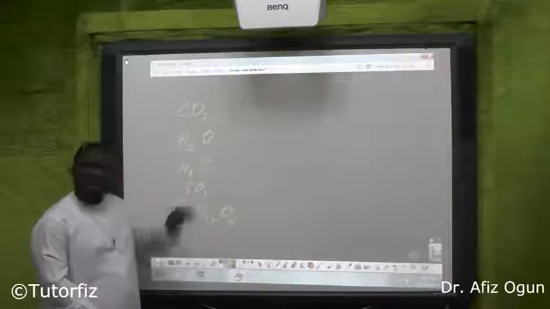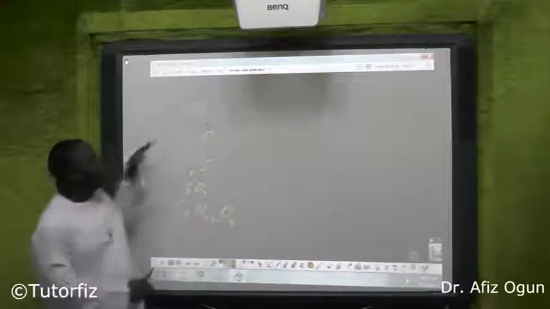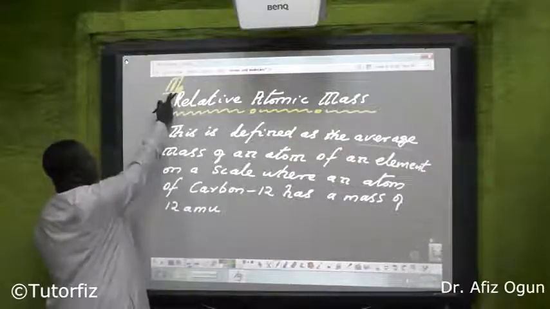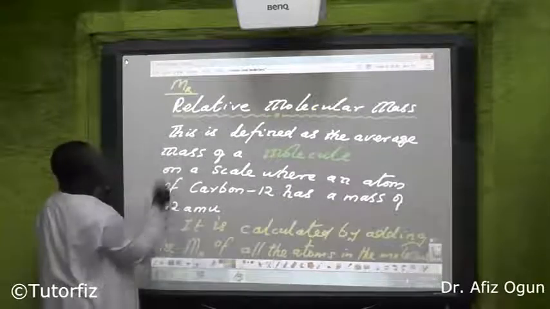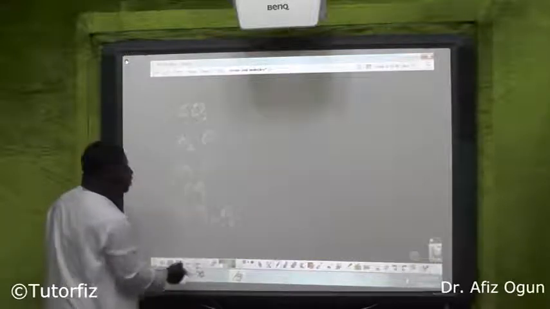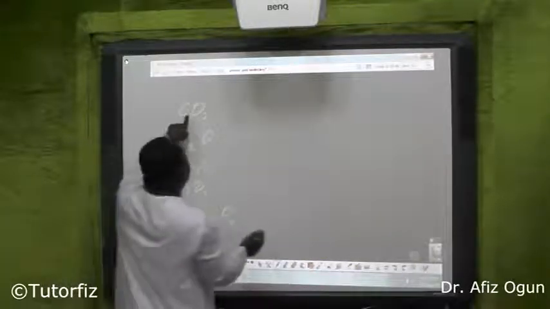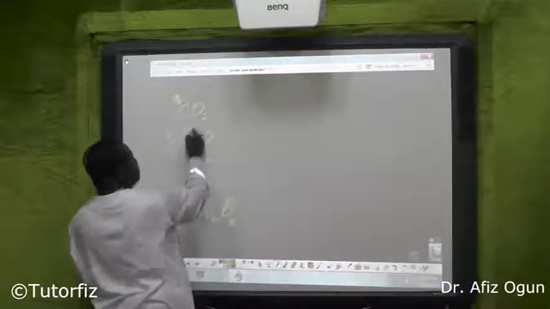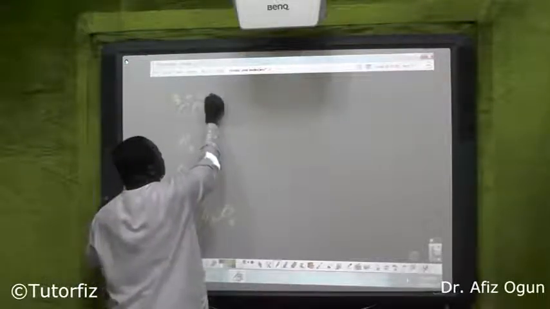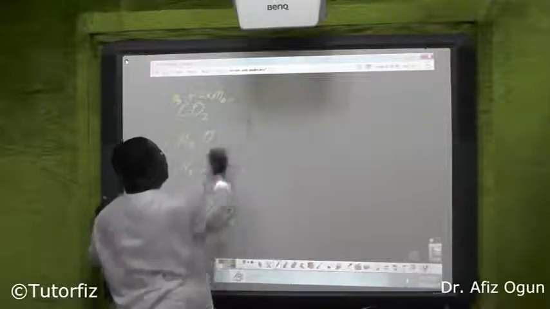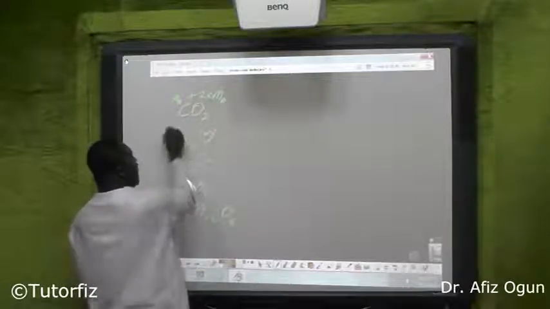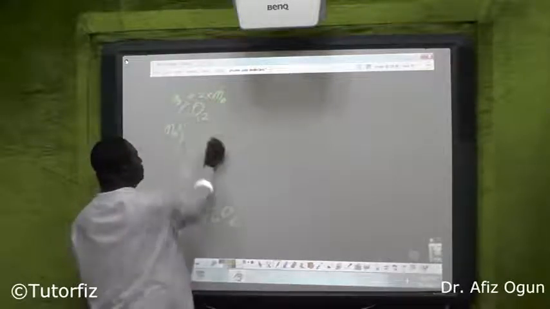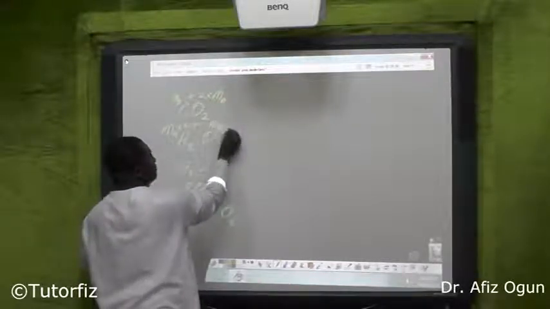So, if I am looking for relative molecular mass, which I call Mr, relative atomic mass, which I call Ma, is here. Relative molecular mass, Mr, for carbon dioxide will be equal to Ma of carbon plus 2 multiplied by Ma of oxygen. For H2O, Ma of hydrogen multiplied by 2 plus Ma of oxygen.